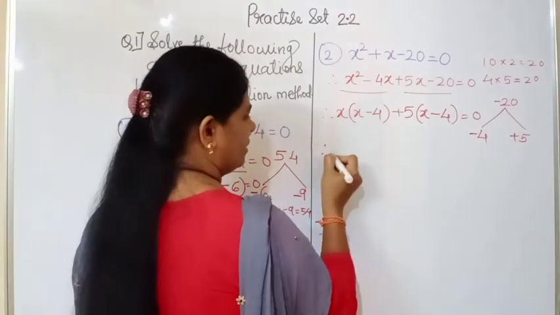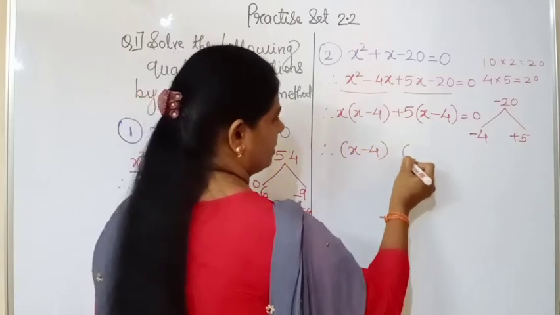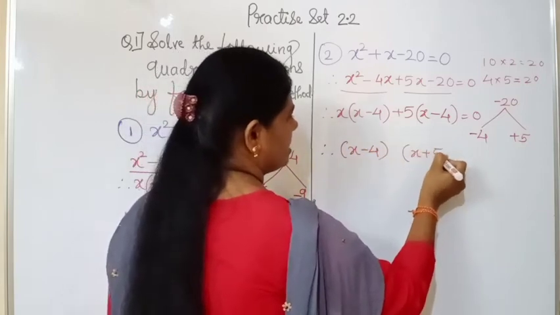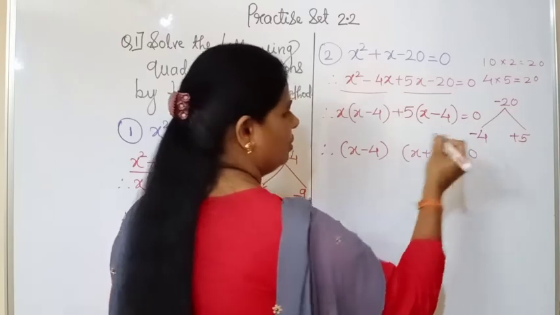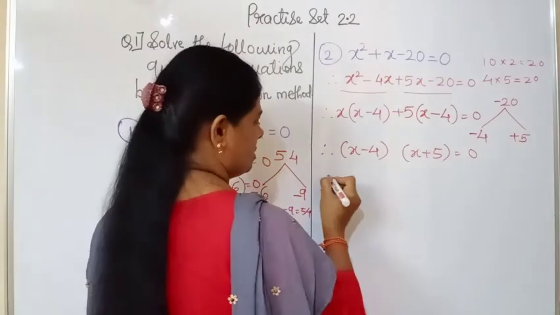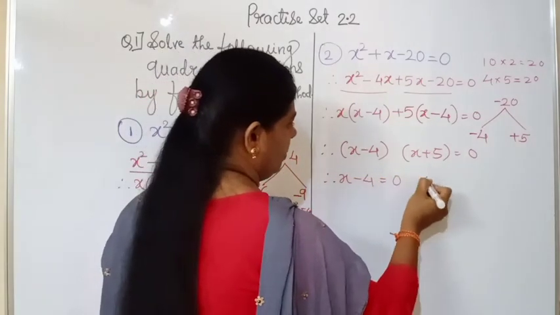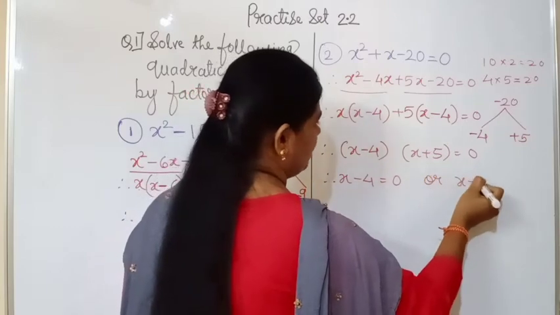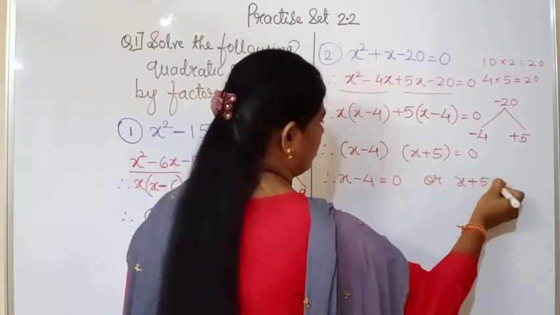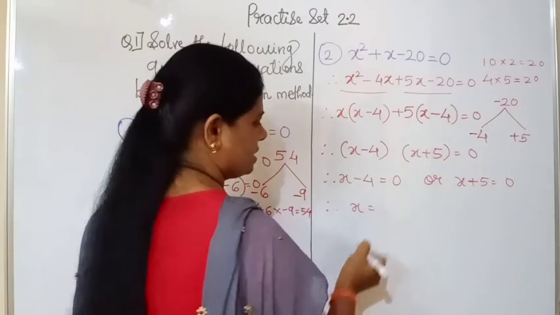Now what are our factors? That is x minus 4, this is our first factor, and the second factor is x plus 5 equal to 0. Now we divide it into two parts: x minus 4 equal to 0 or x plus 5 equal to 0. What will be the value of x then?